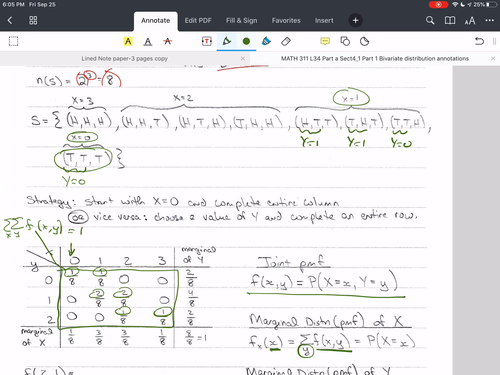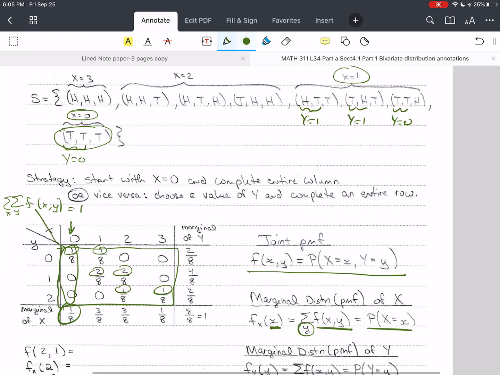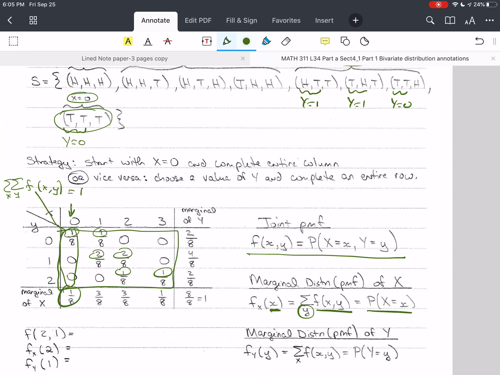I fix x equal to 0. I add across y equals 0, 1, 2. I get this. And so this is the probability that x is equal to little x. And the same thing for the marginal distribution or PMF of y. F of y is the sum across x of the joint PMF, and that's the probability that y is equal to little y.